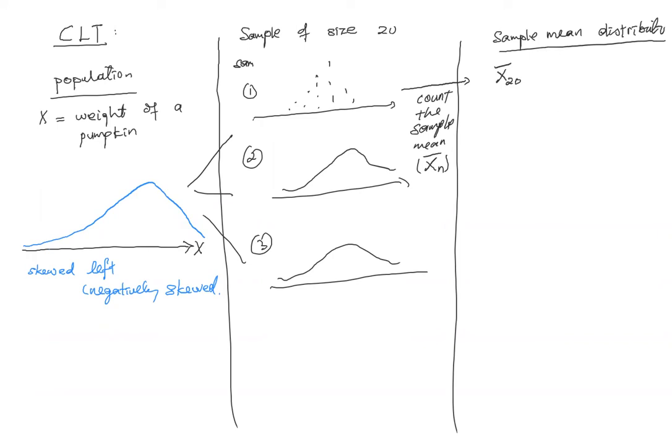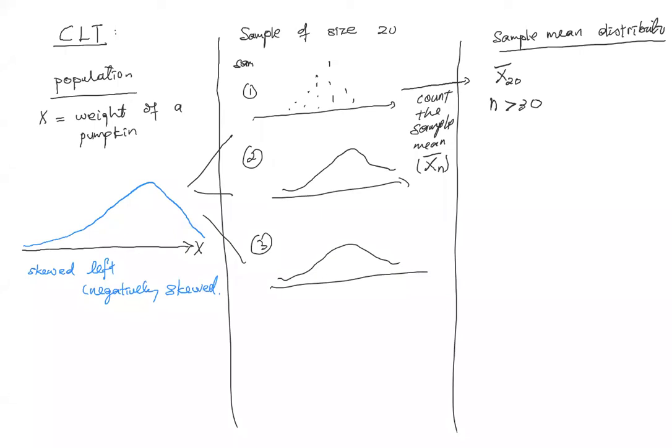So according to CLT, if your sample size is more than 30, or what does our textbook say? Can you check our textbook, page 264?